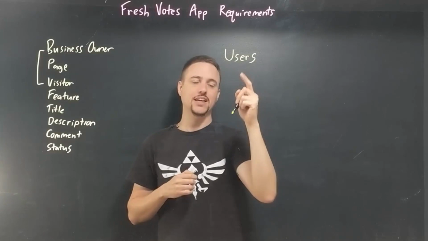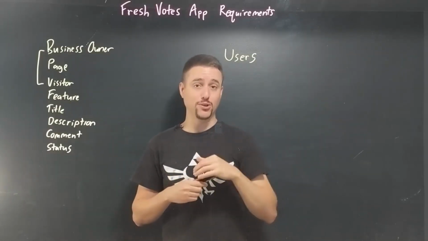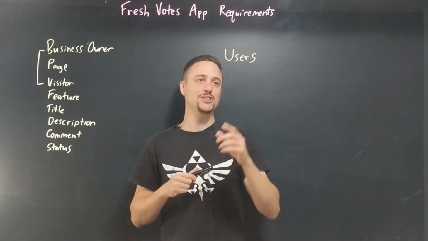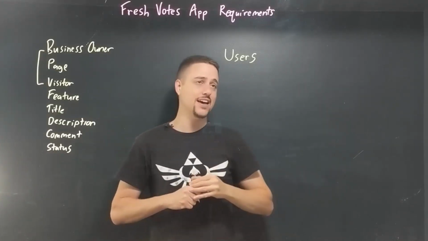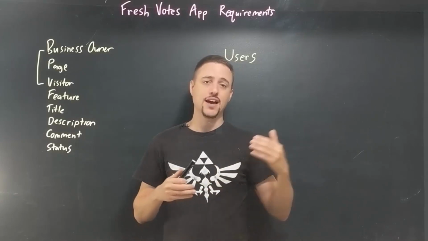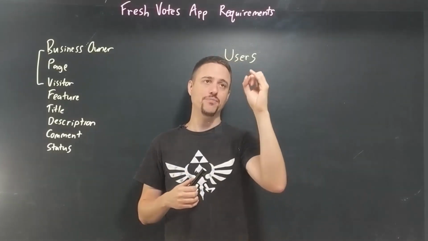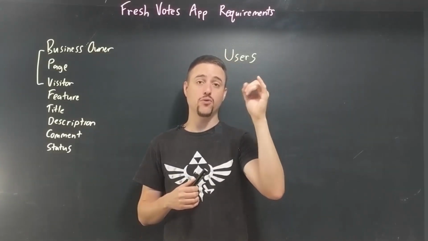I did say I would depluralize everything in a previous video, so I'm breaking my own rule here, but there's a good reason for it. I'm going to be using a MySQL database, and a lot of other databases have a reserved word for user.